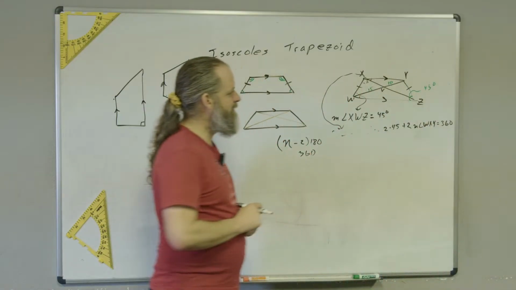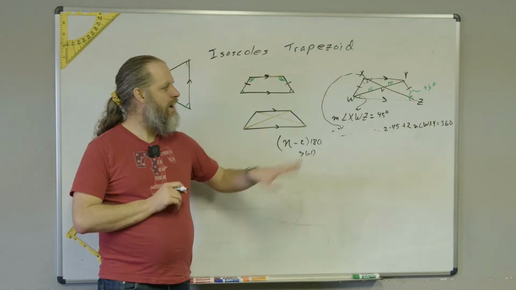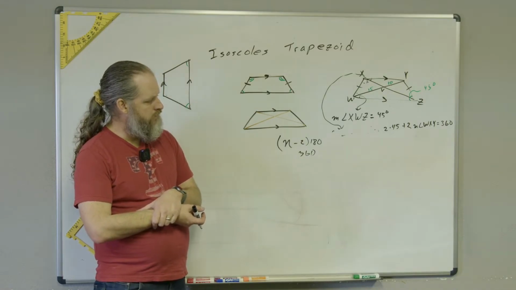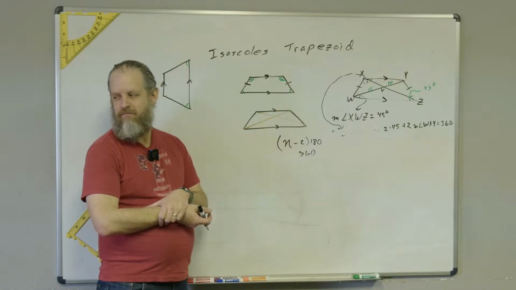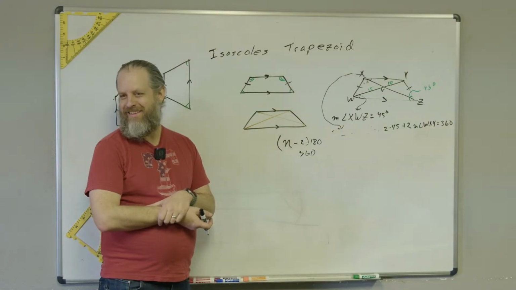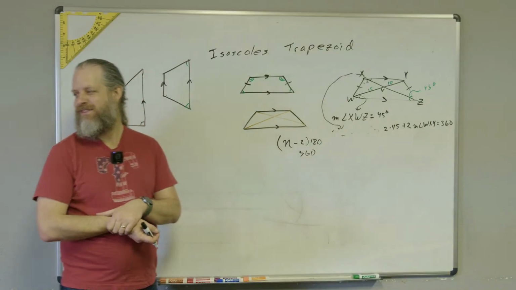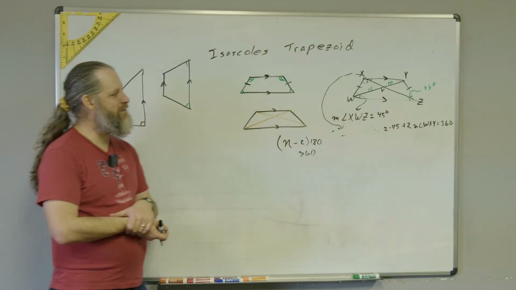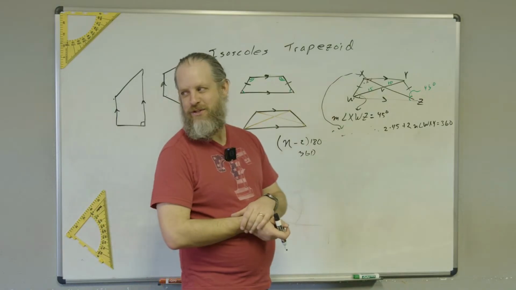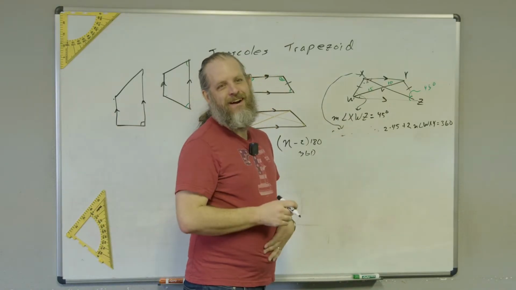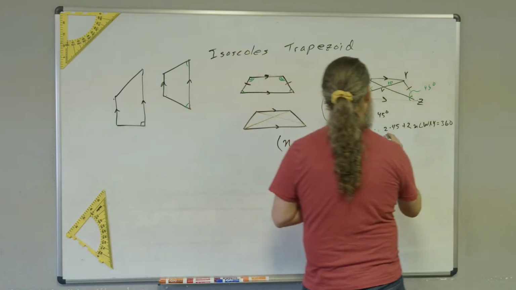So now what are we going to do to solve that? What if we multiply 2 times 45 first? That seems reasonable. What's 2 times 45? We just went through what 90 divided by 2 was, right? So 90.